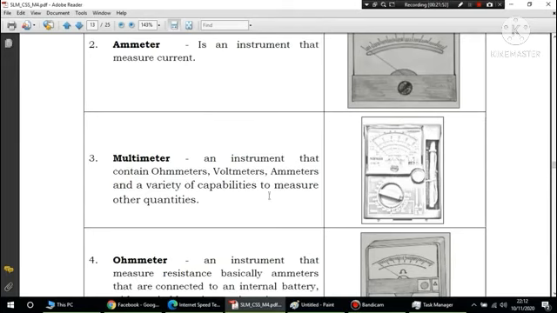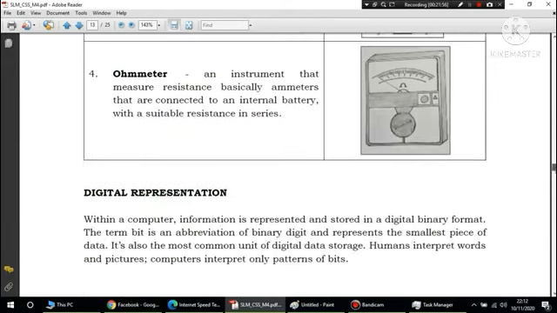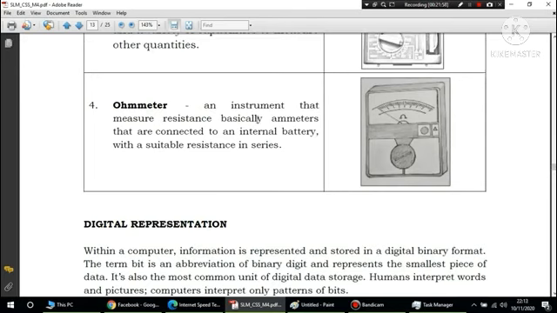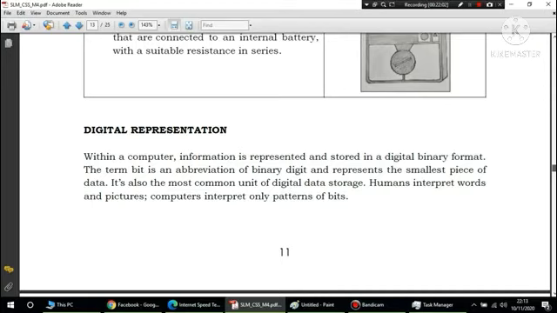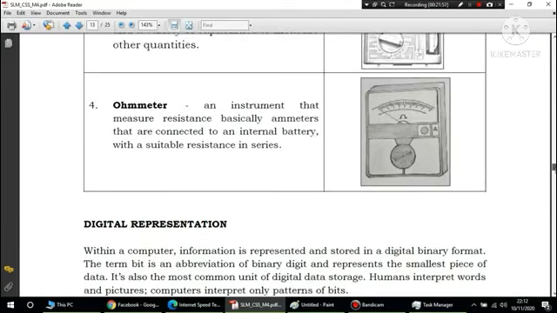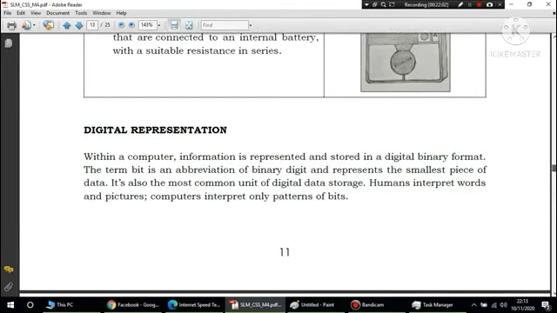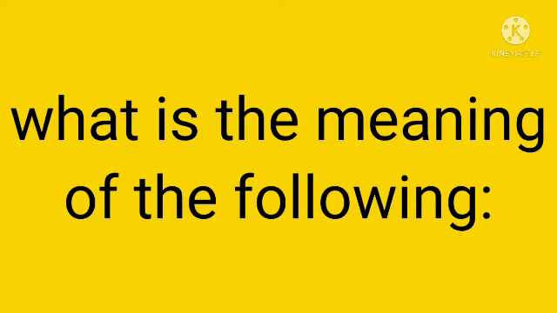Number 3, multimeter, an instrument that contains ohmmeters, voltmeters, ammeters, and a variety of capabilities to measure other quantities. Next, ohmmeter, an instrument that measures resistance, basically an ammeter connected to an internal battery with a suitable resistance in series. Okay, so that is for lesson 1.